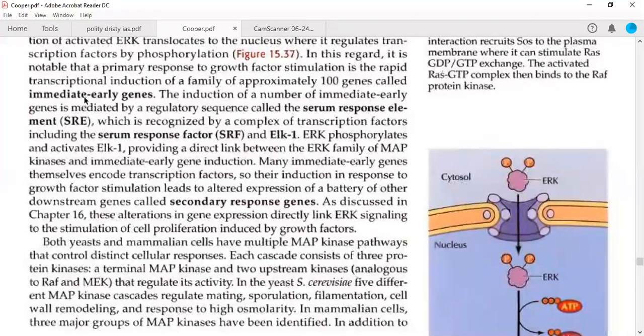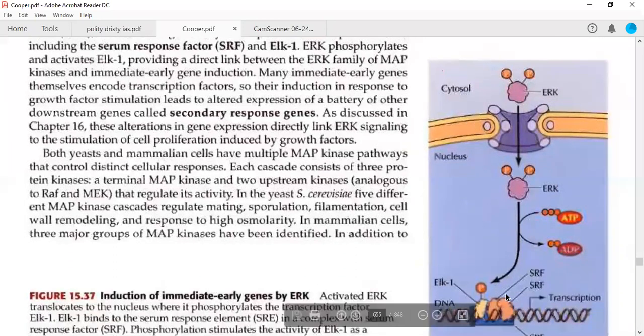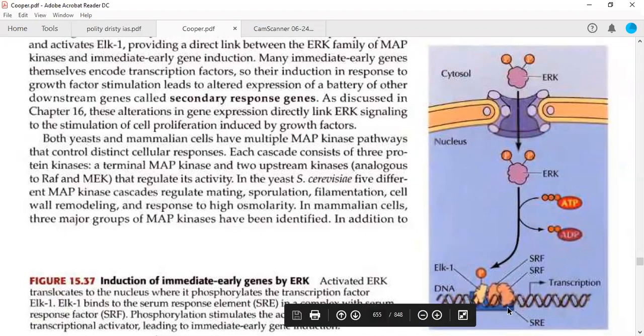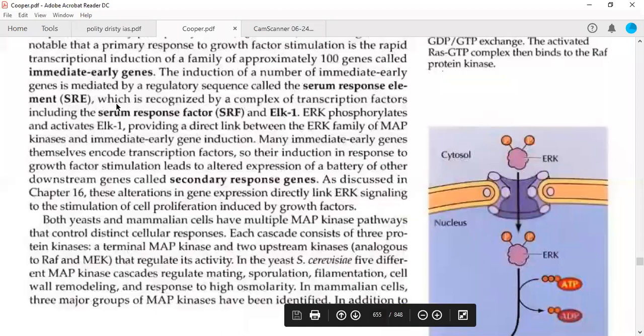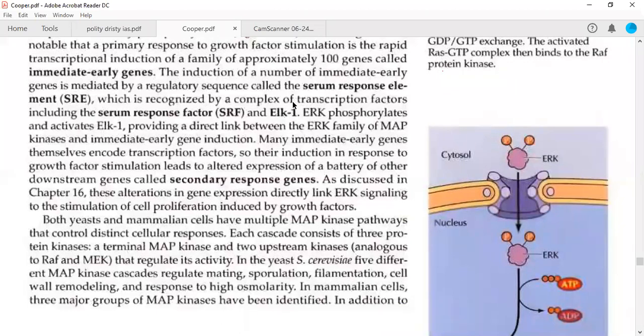Okay, these are called immediate early genes, and the induction of a number of immediate early genes is mediated by regulatory sequences which are called serum response elements, that is SRE. So this SRE is the serum response element where these serum response factors will bind. So these are called serum response factor, SRF, and the other transcription factor is called ELK1.